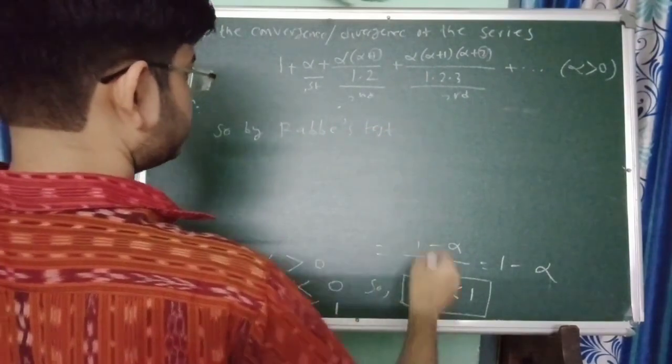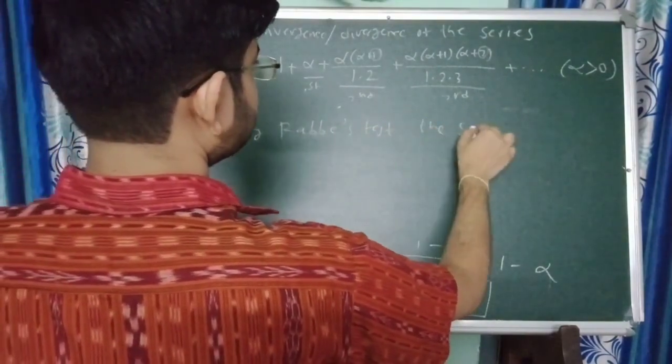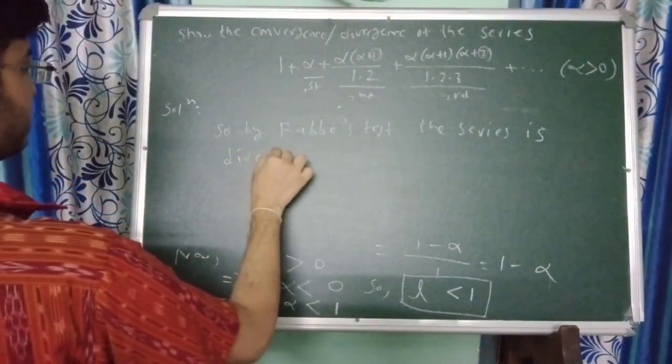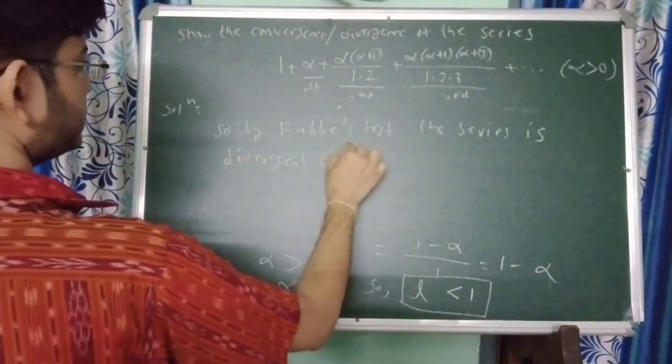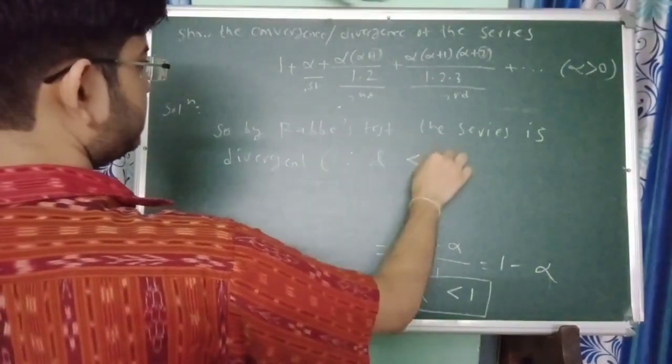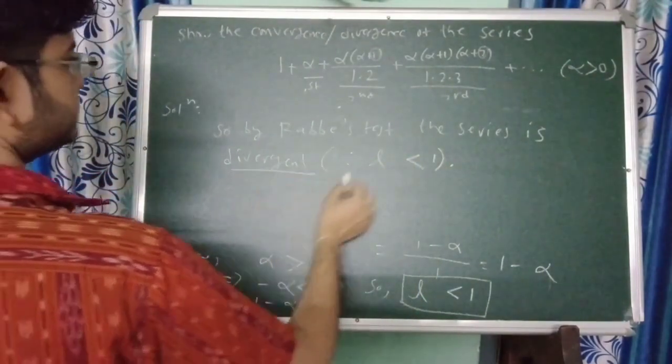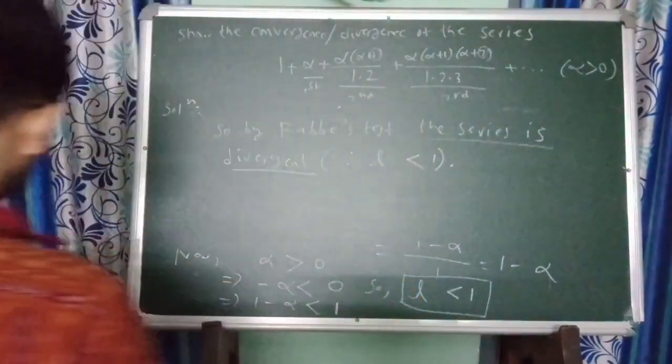So by Raabe's test the series is divergent since L is less than 1 in this case. This is the complete solution of the problem.